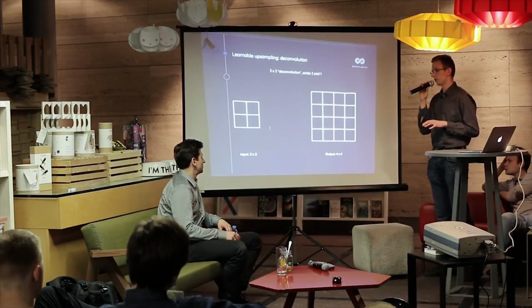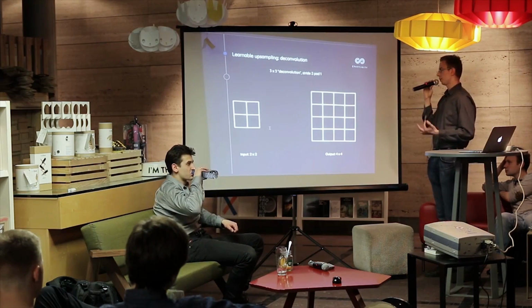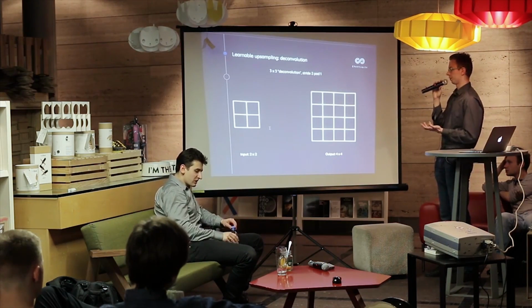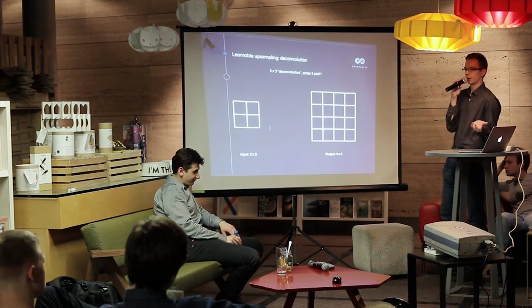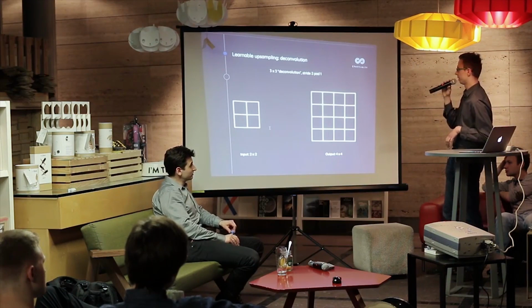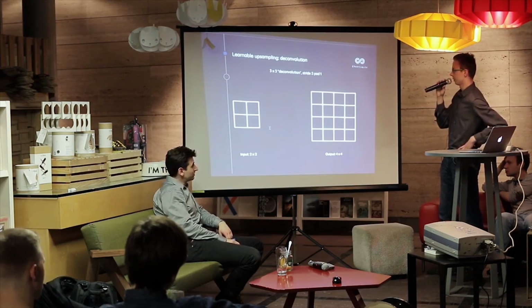So deconvolution. The first thing: in signal theory we have something called deconvolution, and it's a completely different thing than here, because deconvolution in signal theory is the inverse of convolution. Here, deconvolution is actually the backward pass of convolution in the backpropagation algorithm. It's very good for us because backpropagation is implemented everywhere, so we don't need special functions for deconvolution.